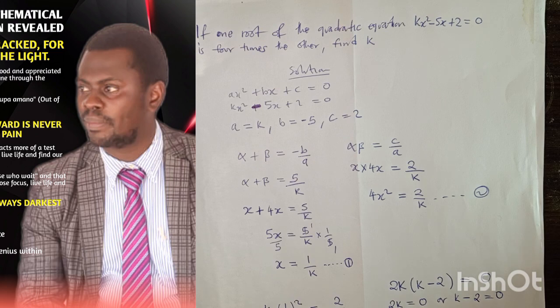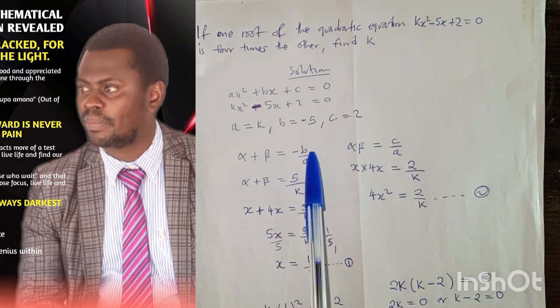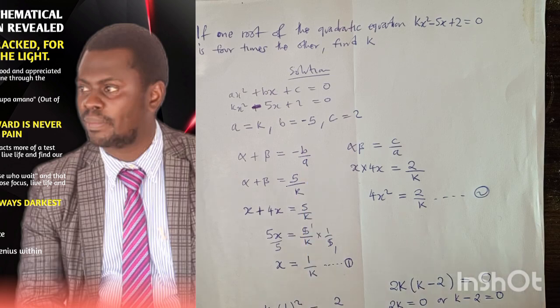Sum of roots, that is alpha plus beta, should give us minus b over a, and product of roots, that is alpha times beta, should give us c over a. Those are the substitutions we are supposed to make when you are asked to find roots of quadratic equations.